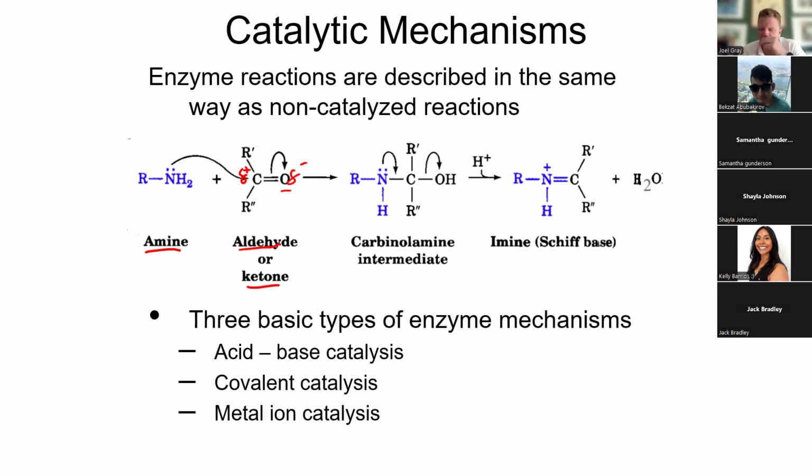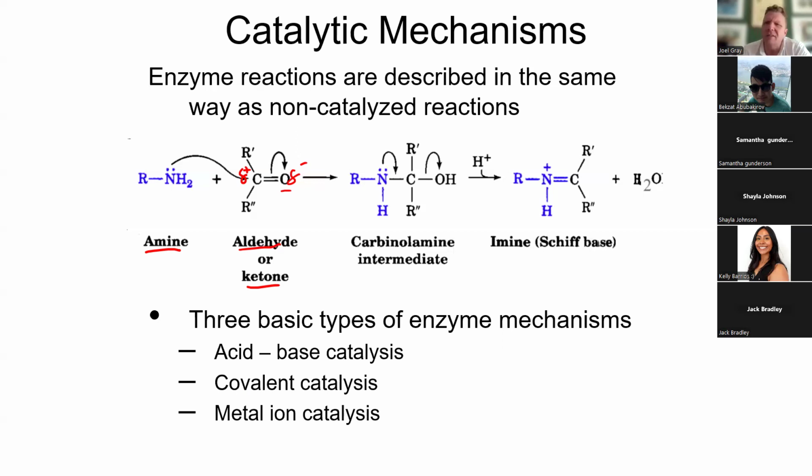Those three terms are self-explanatory. Whenever I hear acid-base, I think of a proton being moved, a group losing or gaining a proton. An acid is a group that donates a proton. A base is one that accepts a proton. So in acid-base catalysis, it's reasonable to predict that you have a group that donates a proton and a group that accepts a proton.